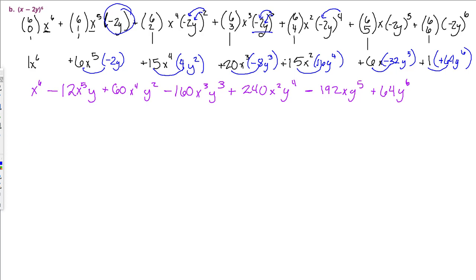So let's talk about things or patterns that we can recognize in here. This is our first one we did with a negative. What happened to my signs? They weren't all positive, they weren't all negative. What did they do?